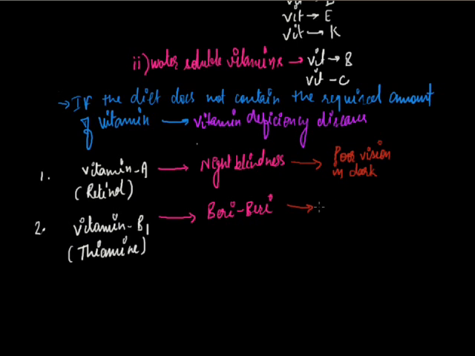The symptoms of this deficiency disorder are weakening of muscles and very little energy to do work. So it is responsible for weak muscles and very little energy to do work.